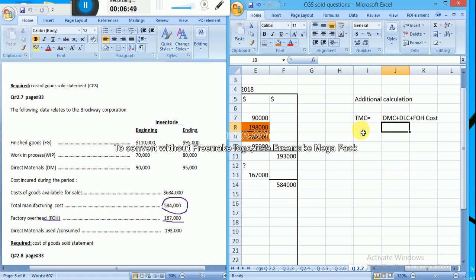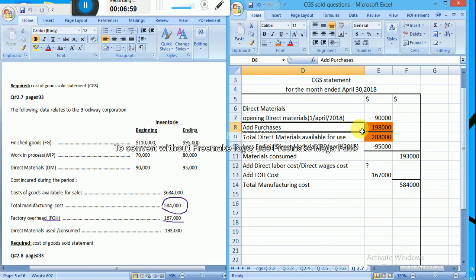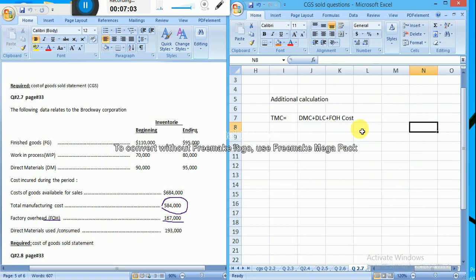Now, how much is the total manufacturing cost? That is given in the question. Total manufacturing cost is $5,84,000. So instead of total manufacturing cost, I write $5,84,000. The sign of equality will remain in its place.